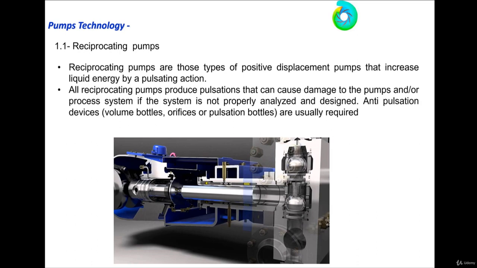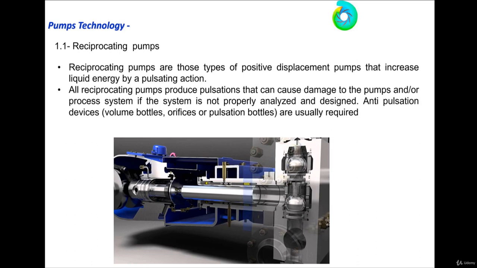So you have to be careful when you design: not only do you specify and order the pump, but you also have to be careful about the system, how you optimize and design it. I mean the piping system and all auxiliaries installed in the system, valves, and everything upstream and downstream of the pump. It should be properly analyzed and designed.